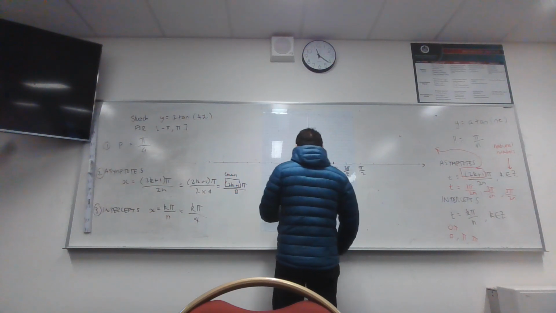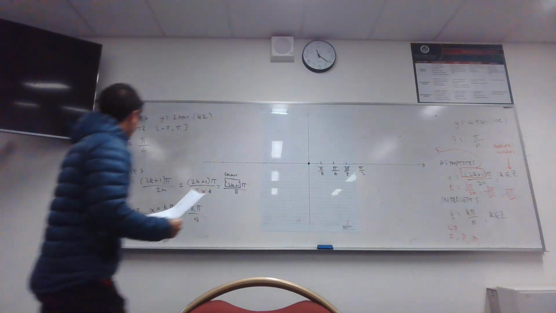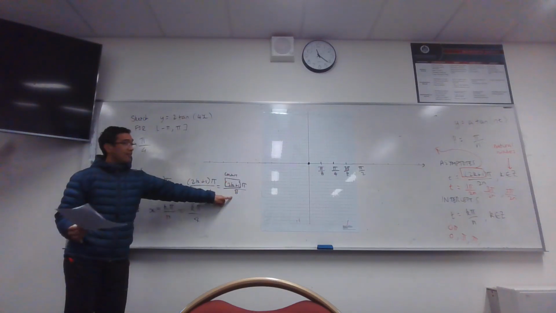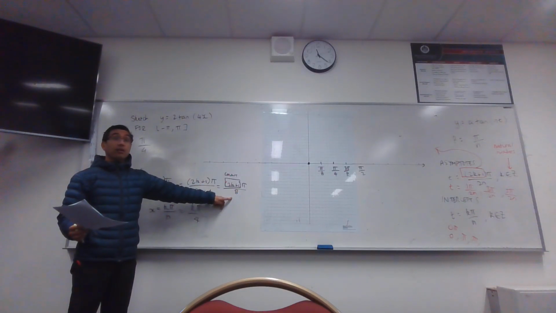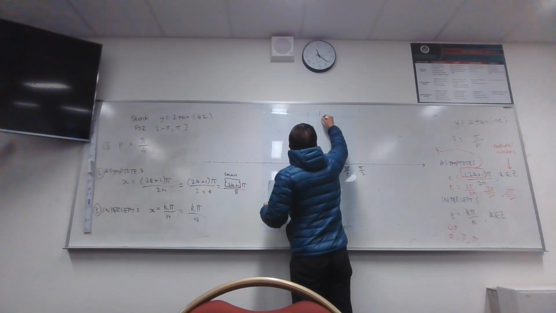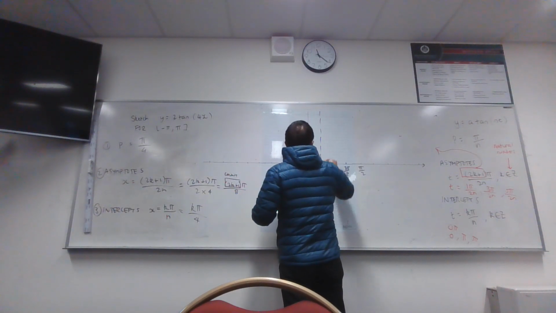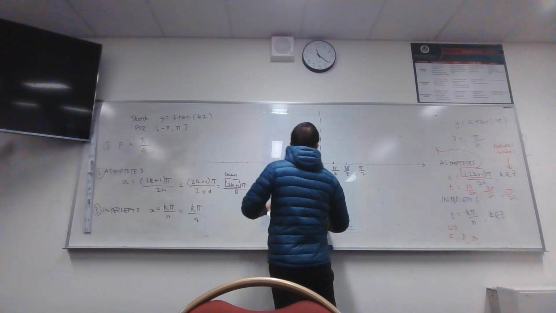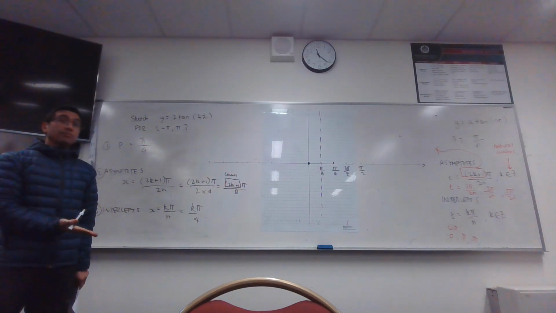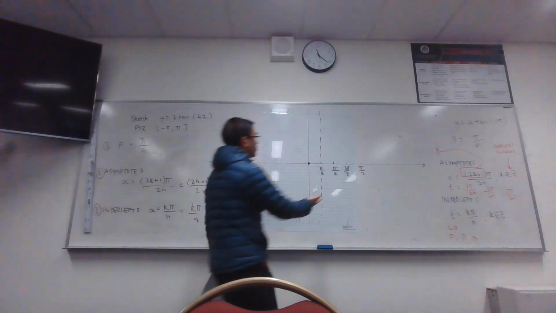Okay. So have a look. Asymptotes are at our eighths all the way through. So I'm just going to go pi on 8. That's my asymptote. That's my first one. Okay. Where's my next asymptote? 3 pi on 8.